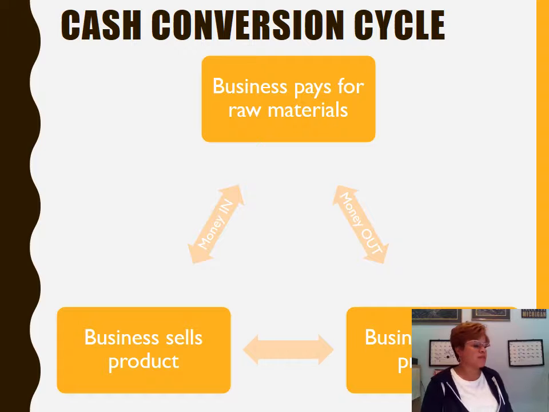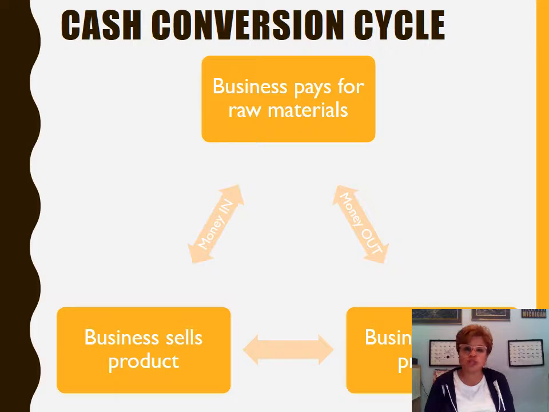The business pays for raw materials, the business makes products or delivers a service using those raw materials, and the business sells their product or sells their services. The trick is to know how long it will take to complete the entire cycle, right? The rate of conversion of going through the whole cycle impacts how quickly we get cash back into the business.